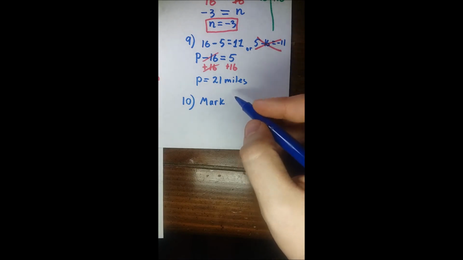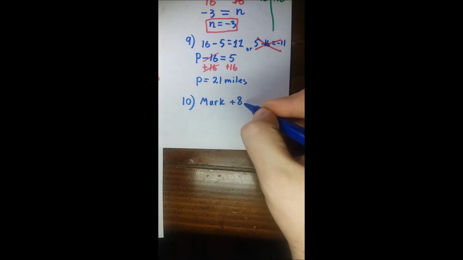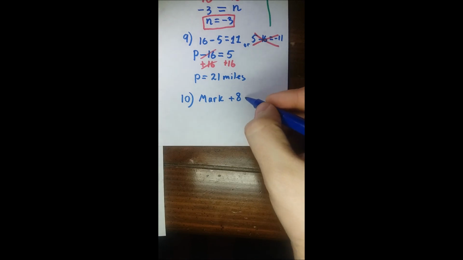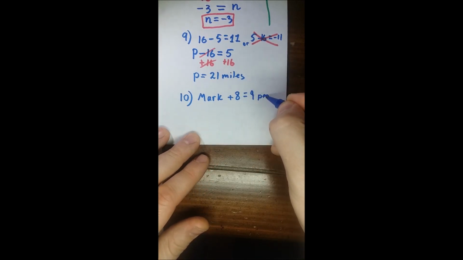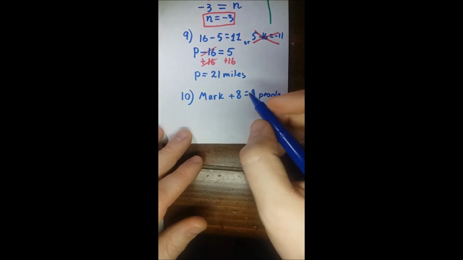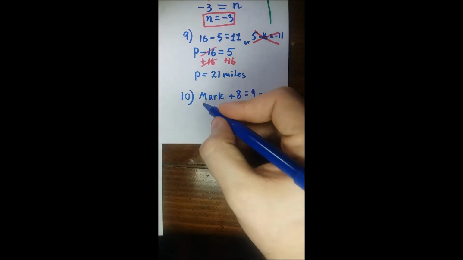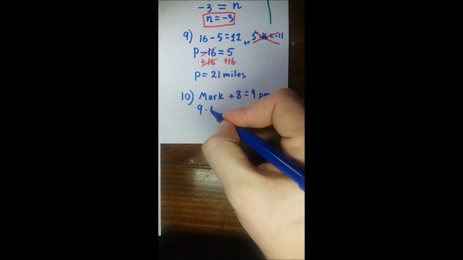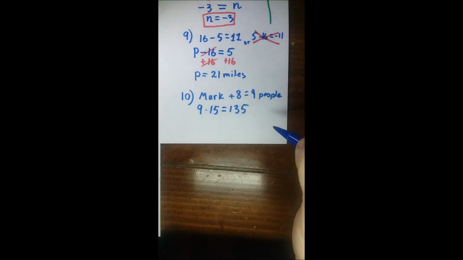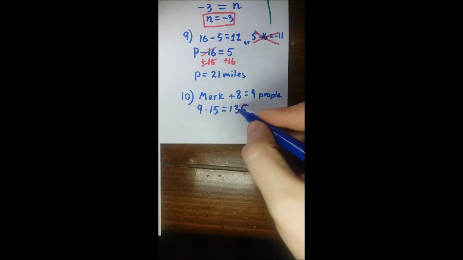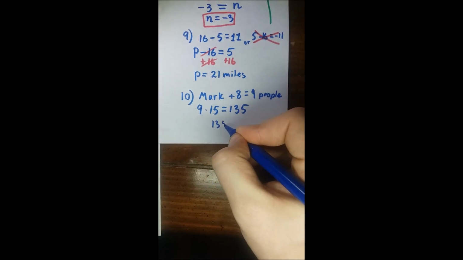But you know that Mark plus 8. How many people total? 9 people. If it's 9 people and each person pays $15, the answer simply is 9 times 15 equals 135. So the answer is $135.